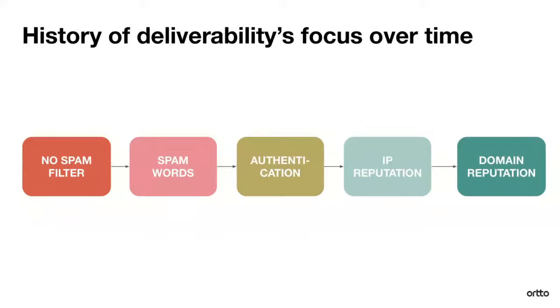And so, to really give you an understanding of how the mailbox providers, the recipients, have had to work through this, here's a very basic view. This is not fully literal, but this is kind of how the history of deliverability has evolved. What's been the major focus? Over 20 years ago, there really weren't any spam filters. There might be some custom engineer blocks put into place, but for the most part, there were no general spam filters.